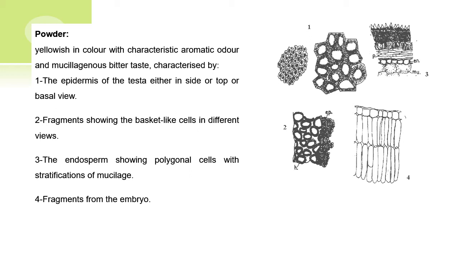Inside view, epidermal cells of the testa followed by hypodermis, and the Malpighian cells or the epidermal cells in top and basal view, followed by the basket cells or the hypodermis in surface view, and cells of the embryo elongated, filled with oil globules and aleurone grain.